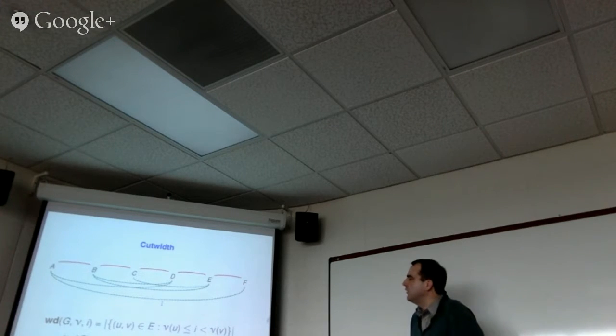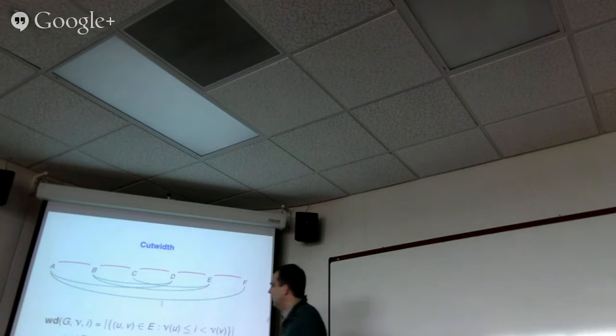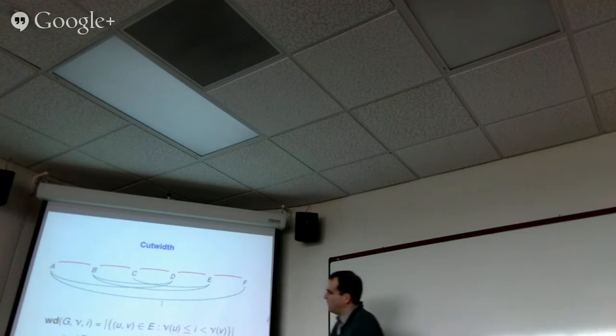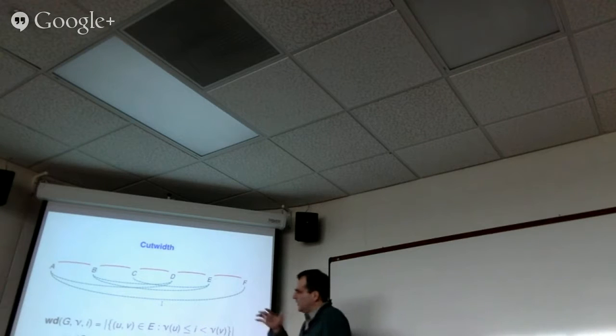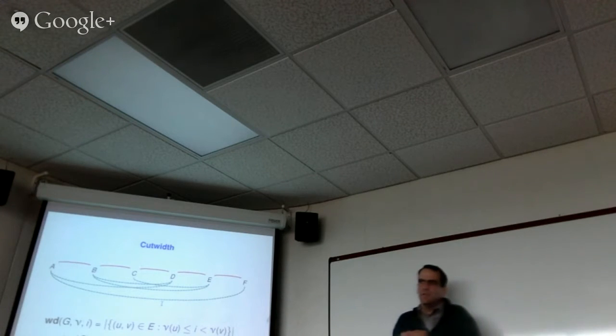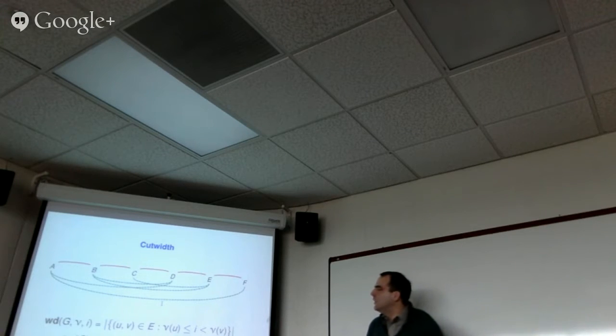And it's the same thing as fan out, basically. And the cutwidth of a graph is you're looking for the widest point. So as you move left to right, where is it the widest? And you want to keep that as low as possible. You get to choose the ordering. So if you can choose any linear ordering for the vertices, what is the ordering that keeps the width the lowest?